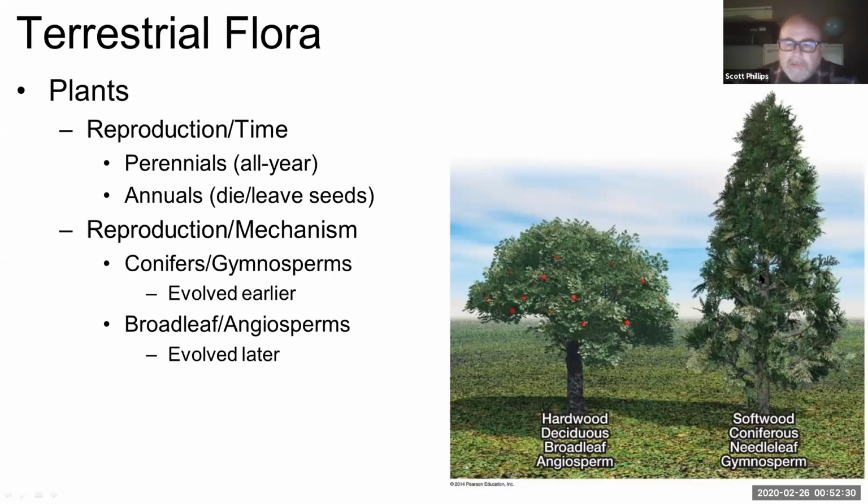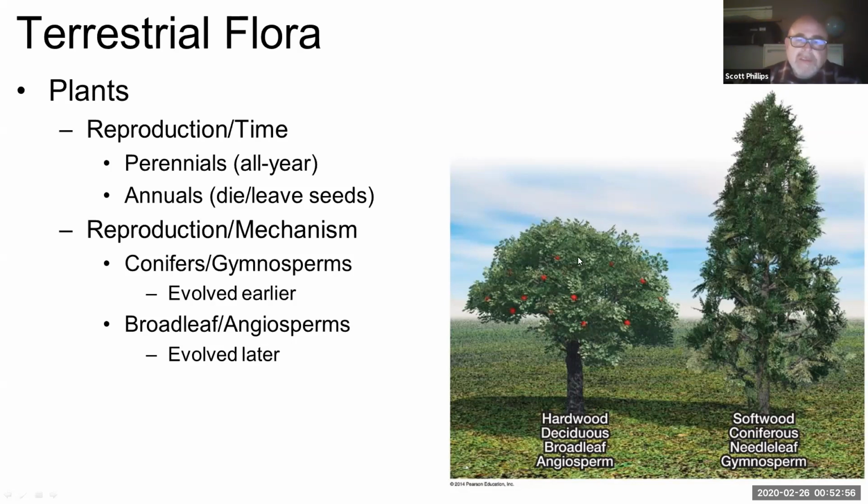These are conifer trees, also known as softwood trees, or these are hardwoods, or broadleaf or deciduous trees. And they have different methods of reproduction. The conifers, or what's known as gymnosperms, evolved earlier on in Earth's history and have a different seed mechanism than the hardwoods or deciduous or broadleaf trees, which evolved later in Earth's history.